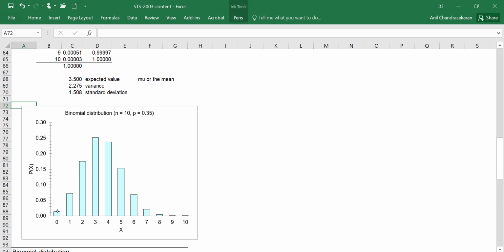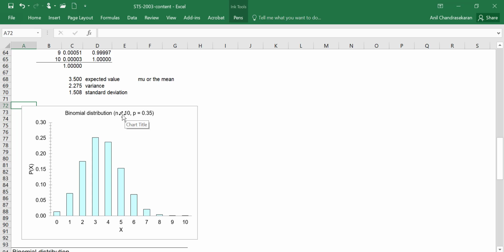So you can see here, this forms the graph, which is like this, right? So this is the graph of the probabilities for different values of x. And these are the probabilities that can happen for different values of x for the given n and pi.